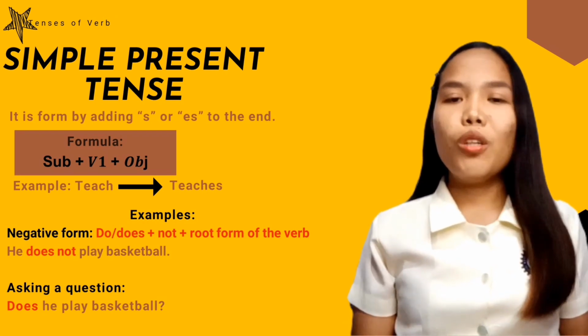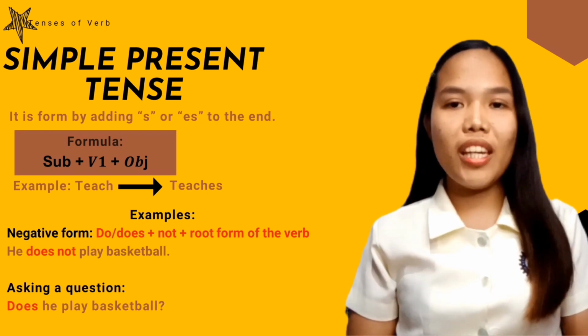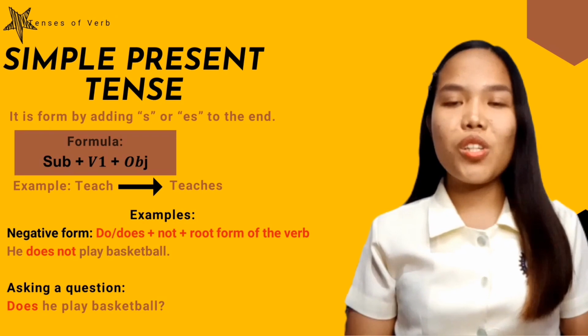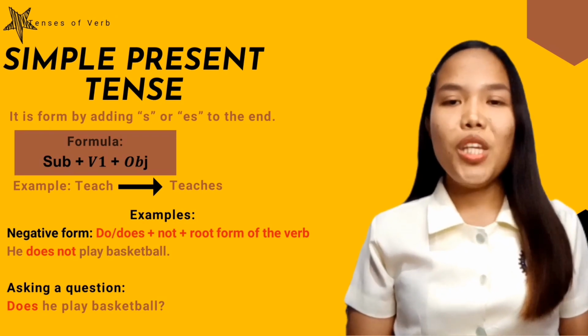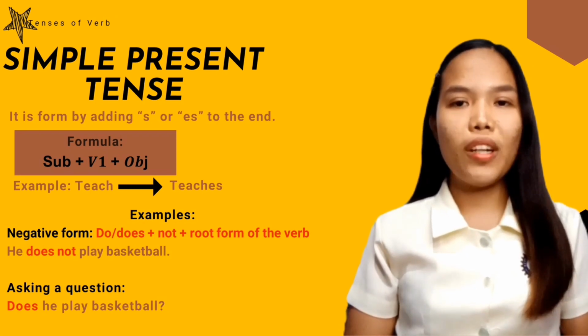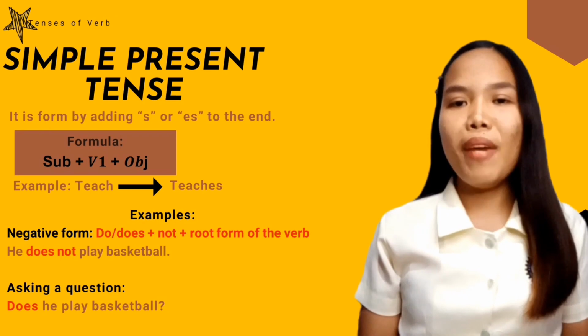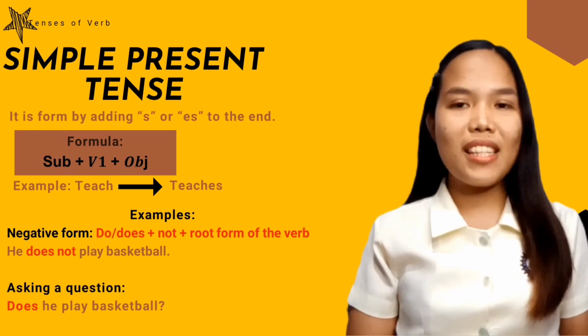Aside from that, those verbs that end with o, ss, gh, th, ch, z, or even x, you're just gonna add es. For example, go. It will become goes. Another example, mix. It will become mixes.